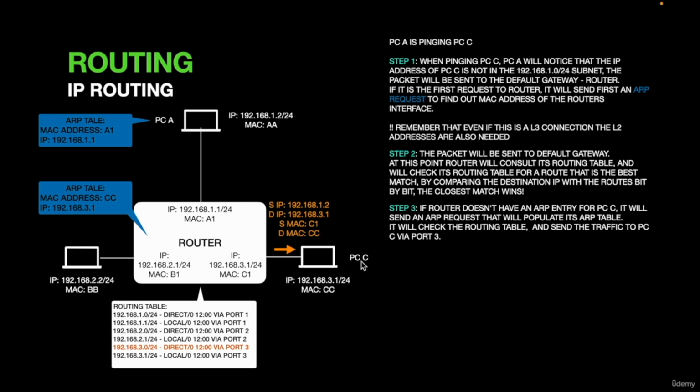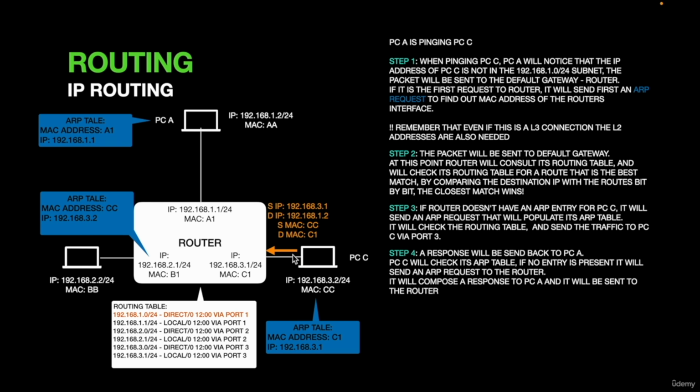So now PCC should also know the way back. If the router doesn't have an ARP entry for PCC, it will send an ARP request that will populate its ARP table. It will check the routing table and send the traffic to PCC via port 3.